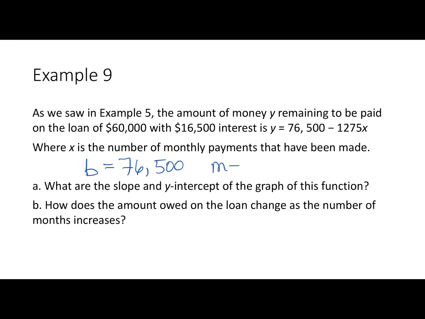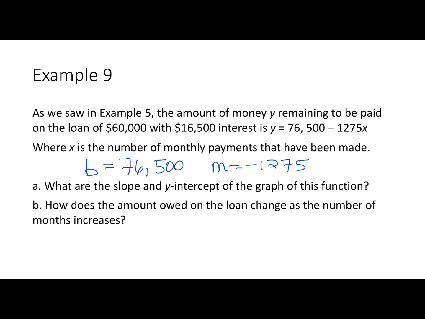The slope is the value attached to your variable, -1,275. How does the amount owed on the loan change as the number of months increases? The more payments you make, the lower your balance is.